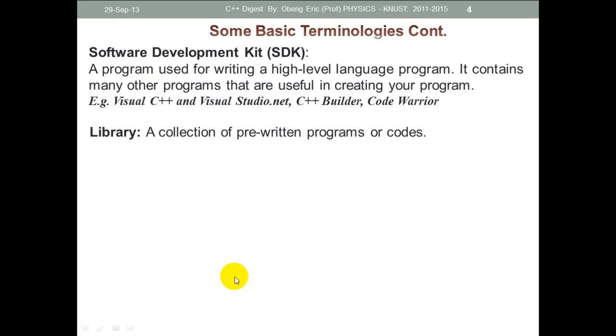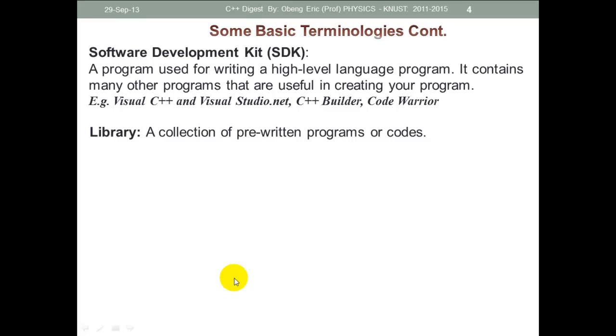Library. When we talk of a library, it is a collection of pre-written programs or code. For example, when we get into the IDE, you will see that the code you'll be using to output whatever information you want to the screen is pre-written, pre-built, and all those things are already in the library.